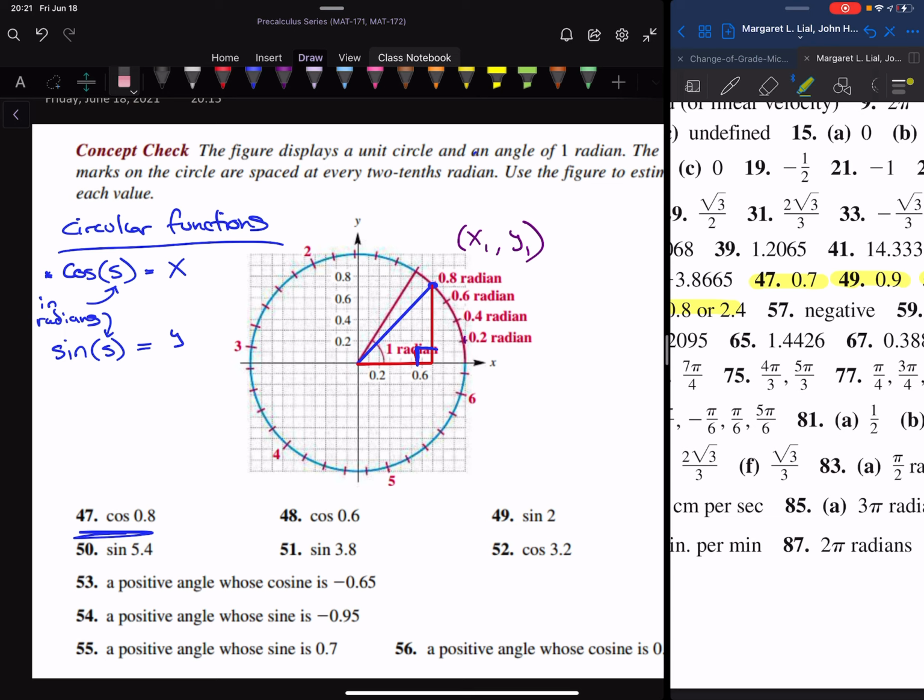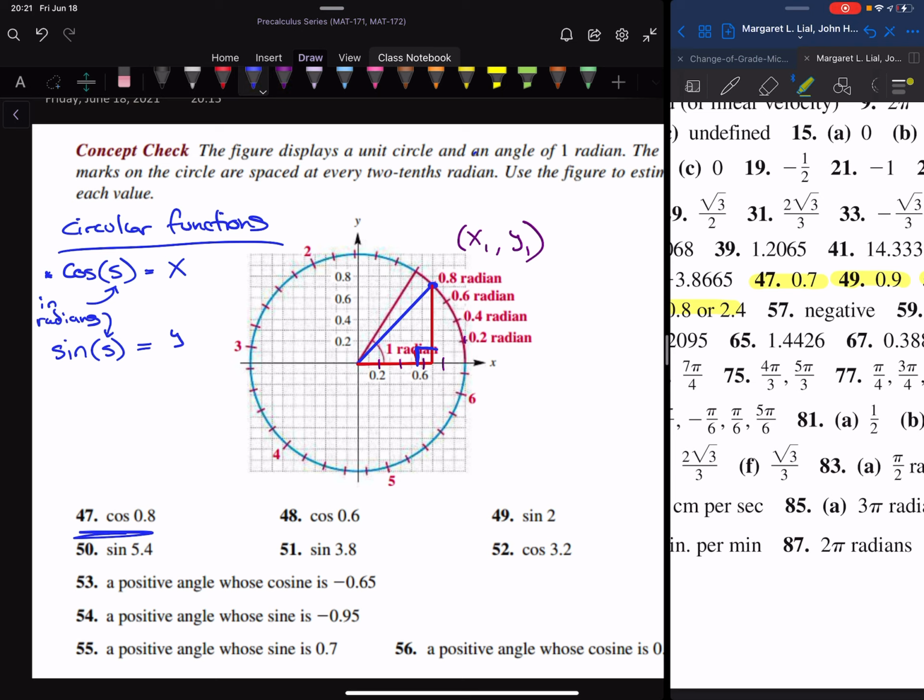Okay, so it wants cosine of 0.8. We need to use the horizontal axis. What I can see from this horizontal axis is that's 0.2, that's 0.4, that's 0.6, that's 0.8.